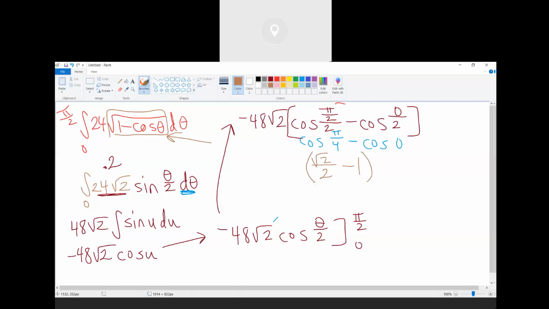Now, let's write what's in parentheses as one whole fraction. That negative 1, we can rewrite as negative 2 over 2. So that makes our one fraction now square root of 2 minus 2 all over 2.